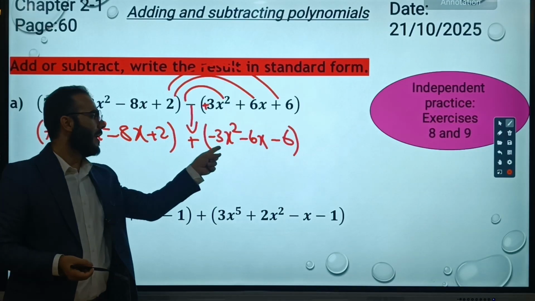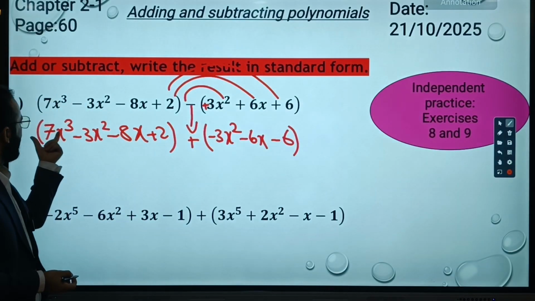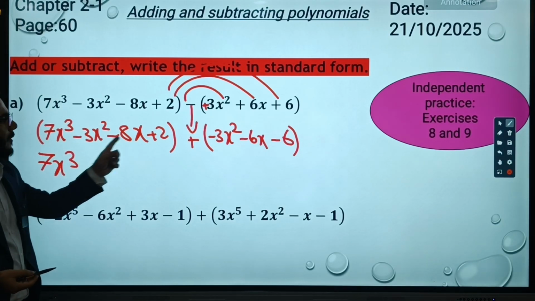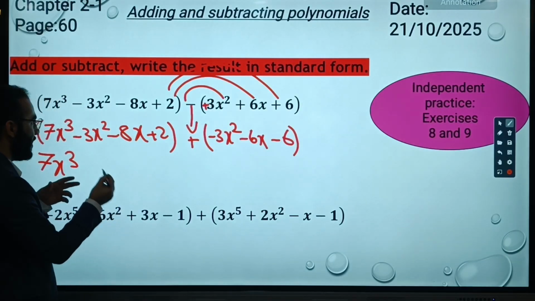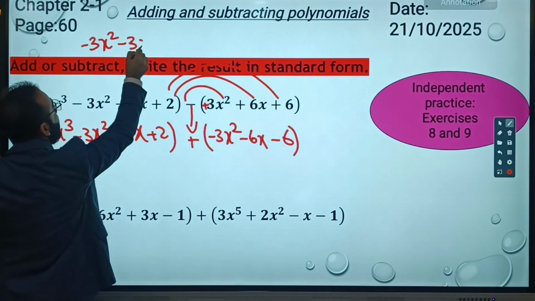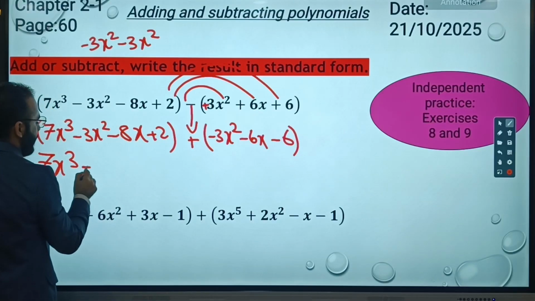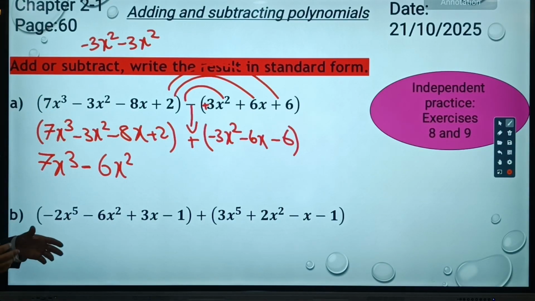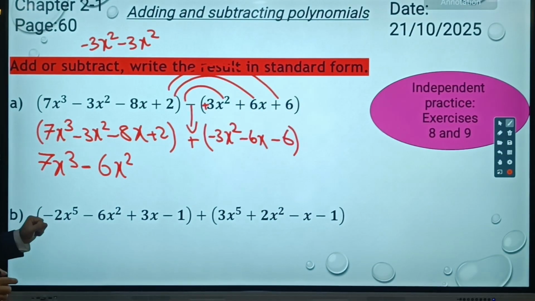So let's do it. We don't have any other x cubed over there, so we write 7x cubed. And then finally we have negative 3x squared plus negative 3x squared, so add them, but still keep the negative sign, negative 6x squared. I hope that you understand this, add them, keep the negative sign.